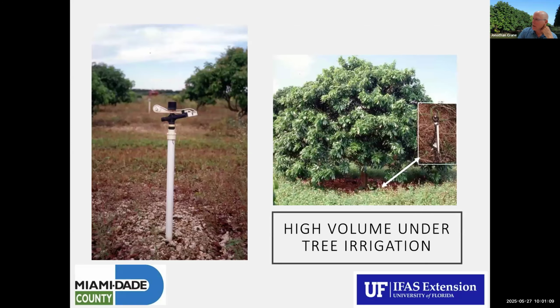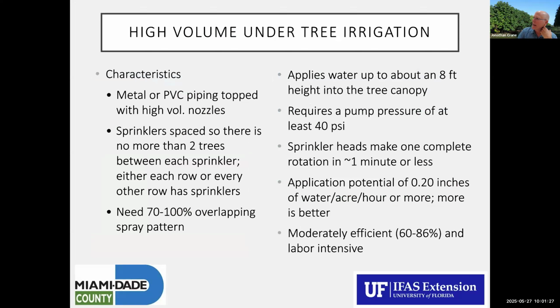This is a high volume under tree system, very similar to the high volume over tree, but obviously under tree. This is anywhere from 2 to 3 feet high. Here you see on the right a picture of a lychee tree with the sprinkler being pointed out underneath the tree canopy. Again, probably the biggest difference with this is that you generally need to put in this high volume under tree system at least in every other row because of the trees interfering with each other.